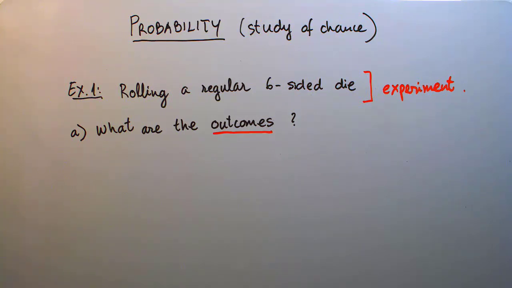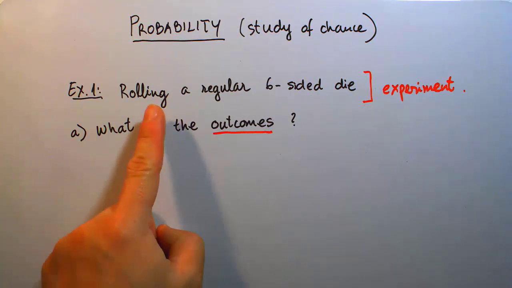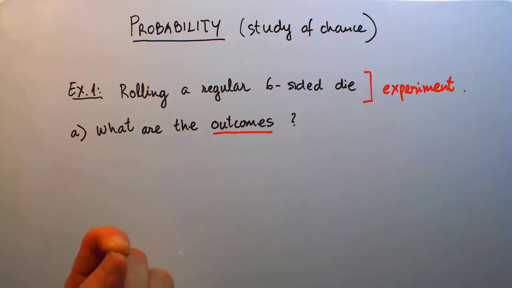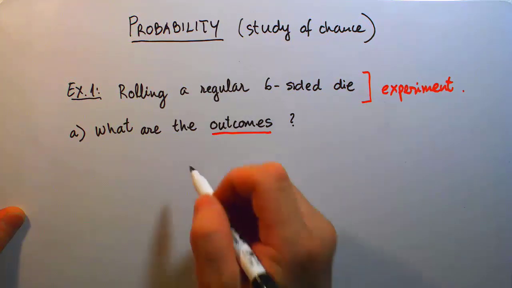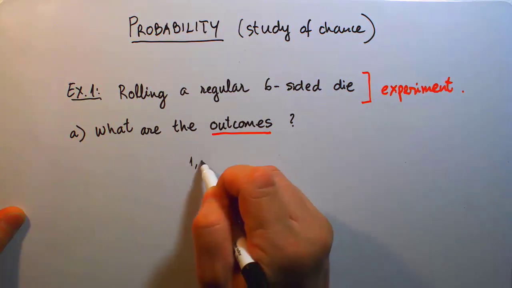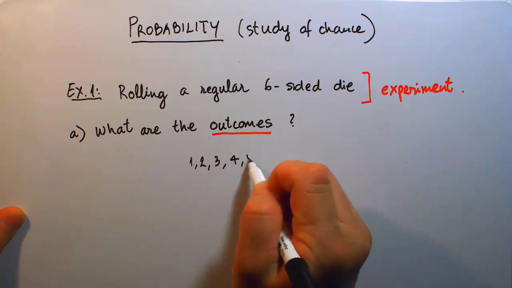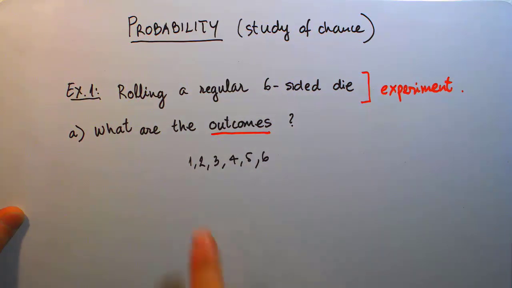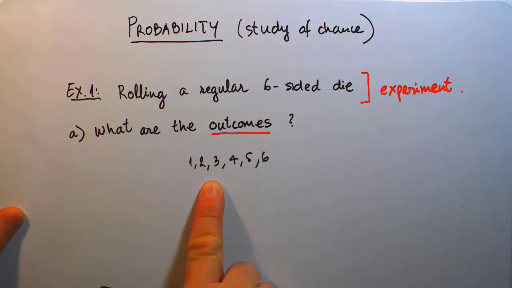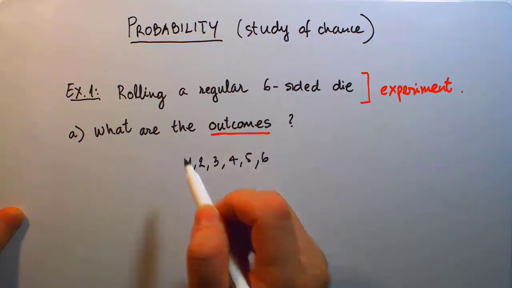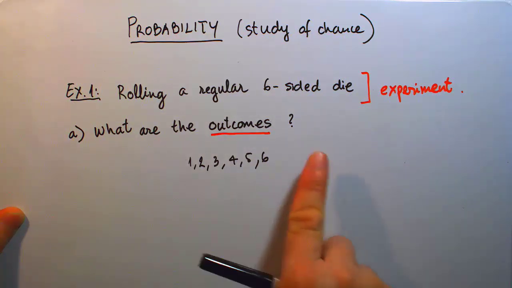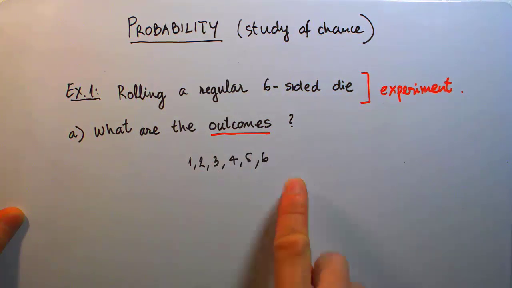Now we imagine that we're rolling a regular 6-sided die, and so what are the outcomes that turn out? The answer everybody can easily have in mind is the numbers 1, 2, 3, 4, 5, and 6. These are the numbers on each individual side of your 6-sided die. Traditionally we put all of these outcomes in curly braces, because they form a set of values.